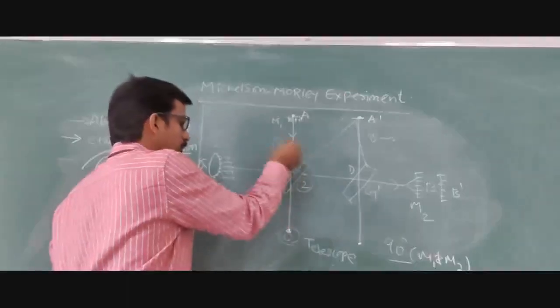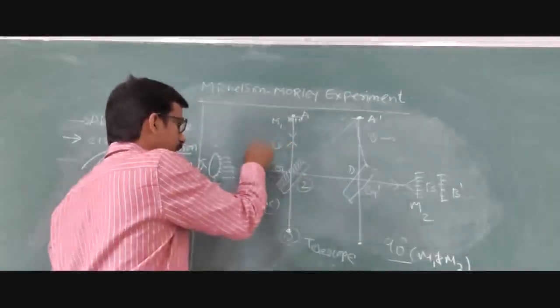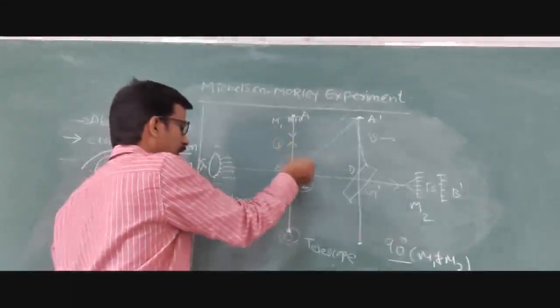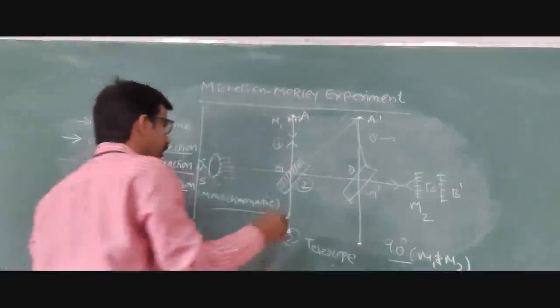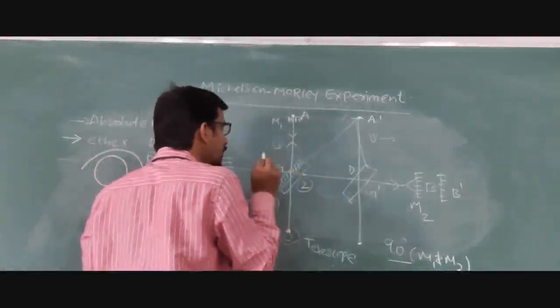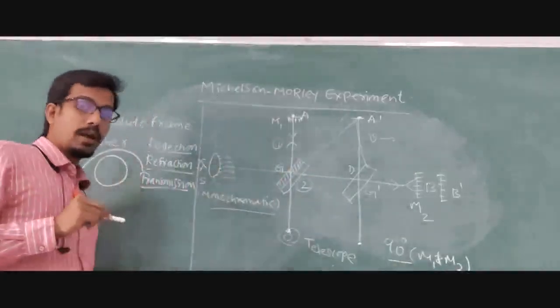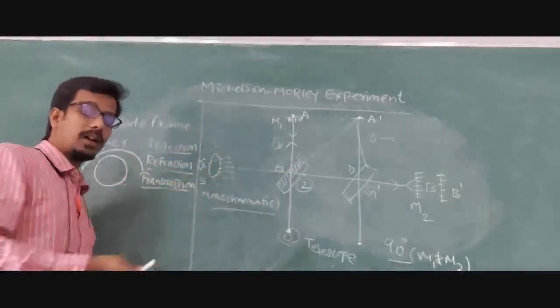Snell's law: sine i by sine r equals a constant, the ratio of the angles of incidence and refraction. What happens when the light penetrates inside the glass plate? It comes out of the glass.